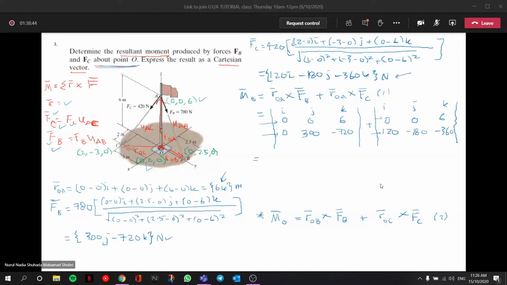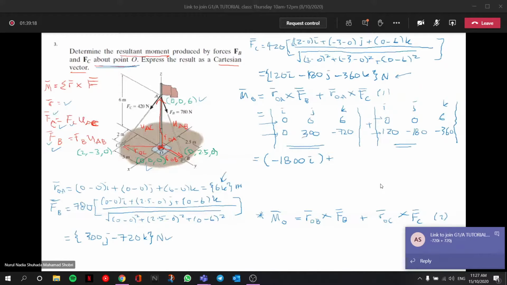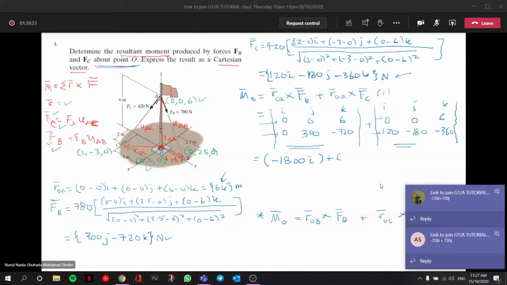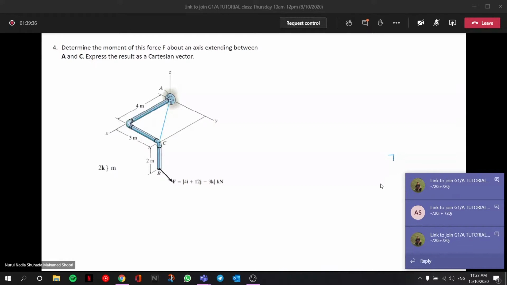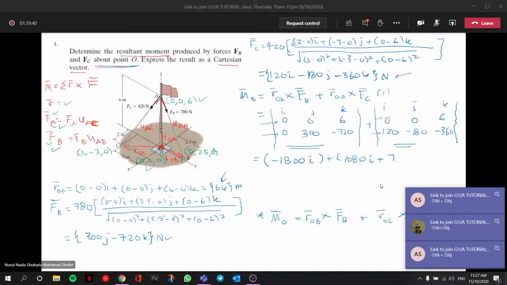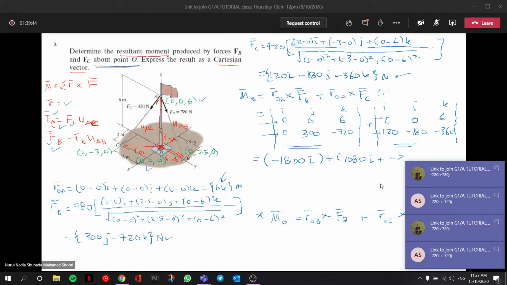Anyone managed to find the value of the resultant moment? If you solve this part, you get this, and if you solve this part, you get this value.